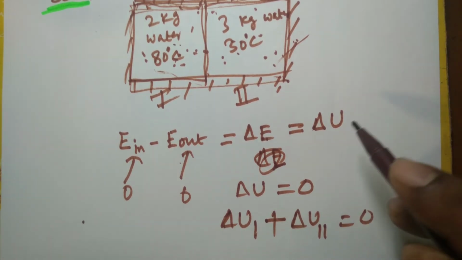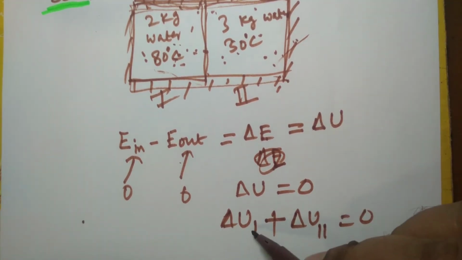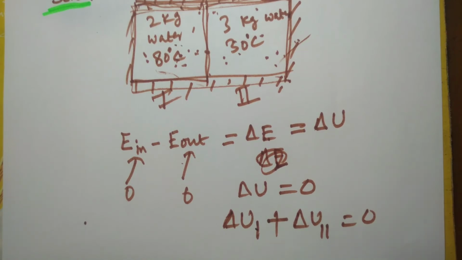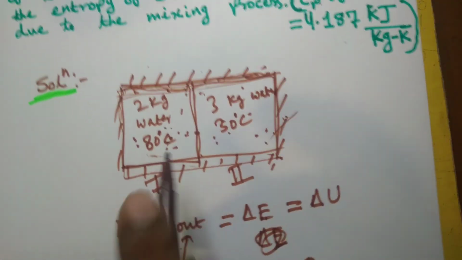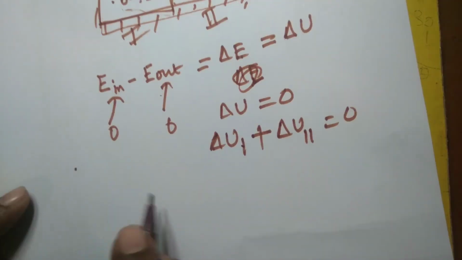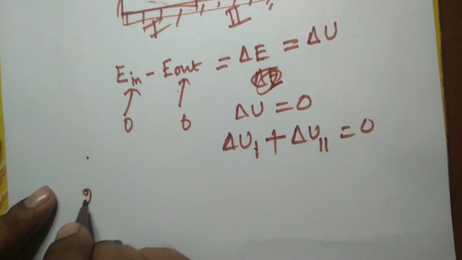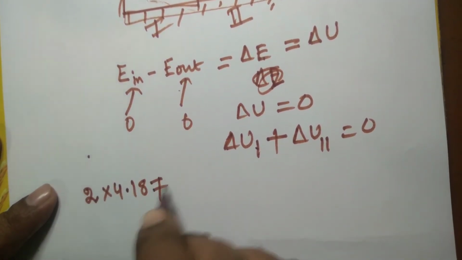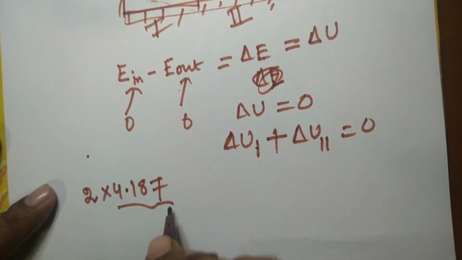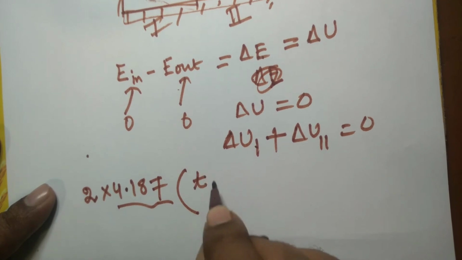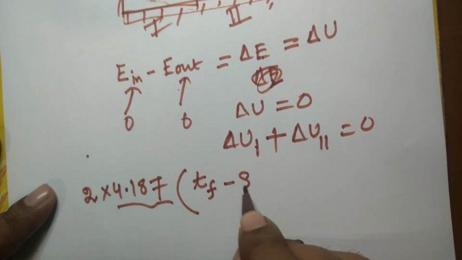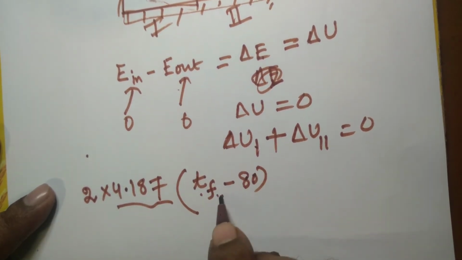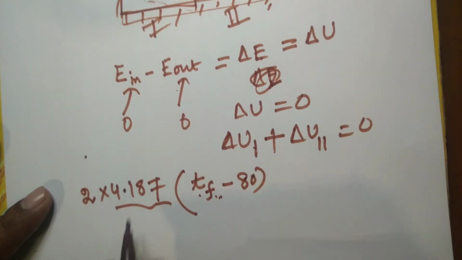So delta U1 plus delta U2 is equal to 0. For the first subsystem, that is 2 kg of water, delta U will be 2 into 4.187, this is C for water, the specific heat, and the change in temperature will be TF minus 80, where TF is the final equilibrium temperature.